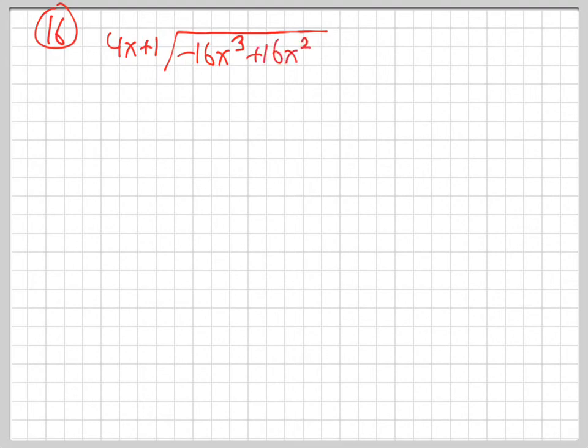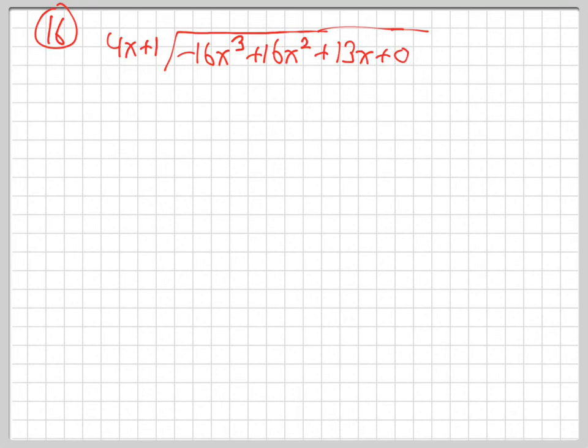We have number 16. So we're going to long divide 4x plus 1 into minus 16x to the third plus 16x squared plus 13x plus 0.